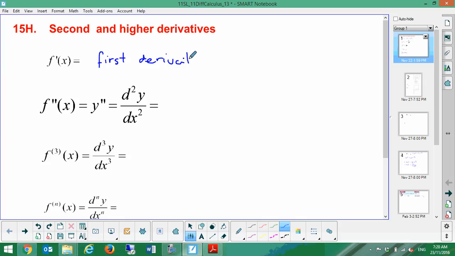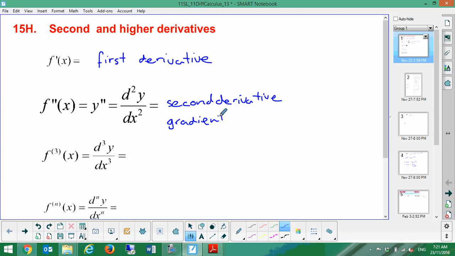What we could do then is graph our first derivative and then look at the gradient of that function. And when we're doing that, we're taking what's called the second derivative. So we're looking at the gradient function of the first derivative. So our second derivative is looking at the gradient function of the first derivative.